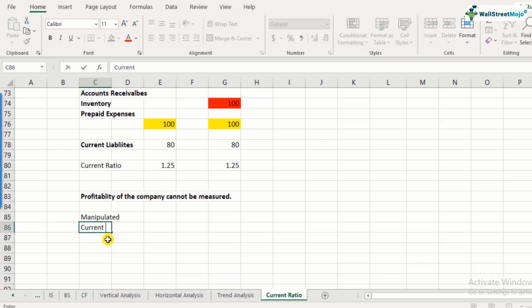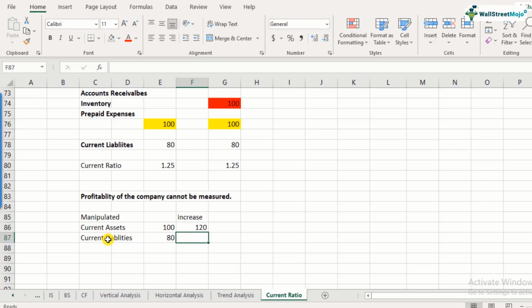And let's say I'll just put some numbers and you will appreciate after that. Current assets, current liabilities, right? So in our earlier example, it was 100 and 80. Let's say if you increase it by the same amount, let's say now it becomes 120 and 100. So what happens to the current ratio?